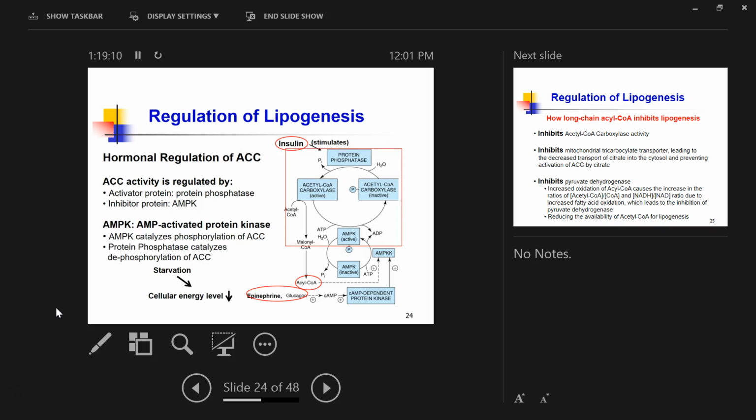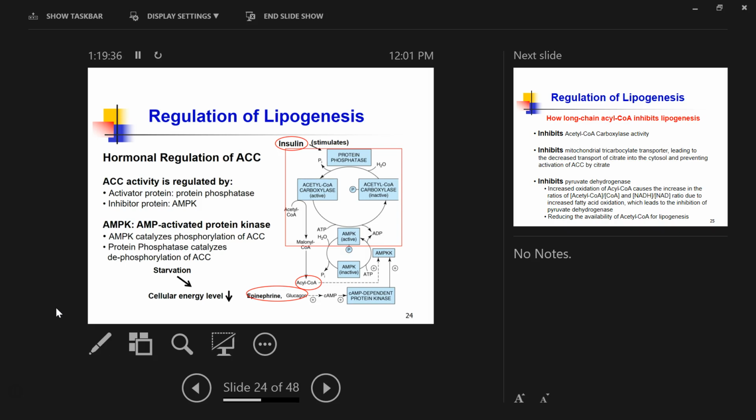AMPK is a kinase that basically regulates phosphorylation and dephosphorylation of ACC here. Try to focus on this box, right? So when AMPK is activated, it causes the phosphorylation of ACC. And this is also kind of an exception.